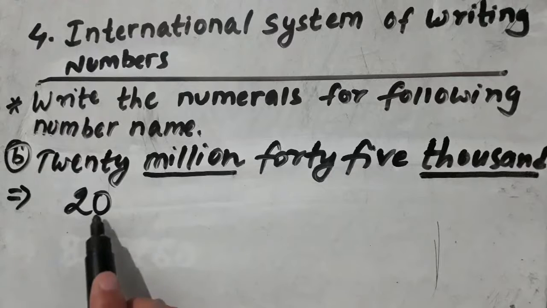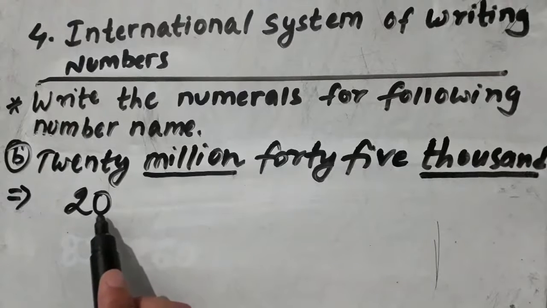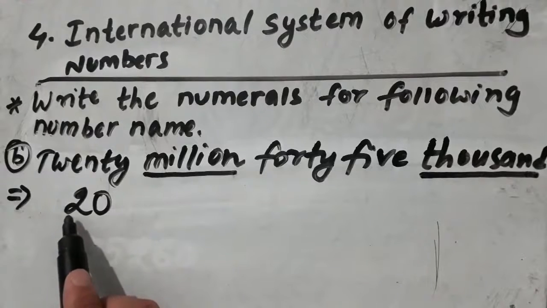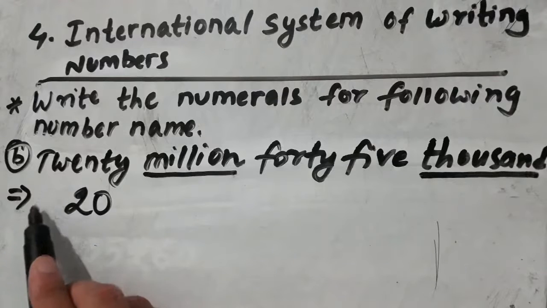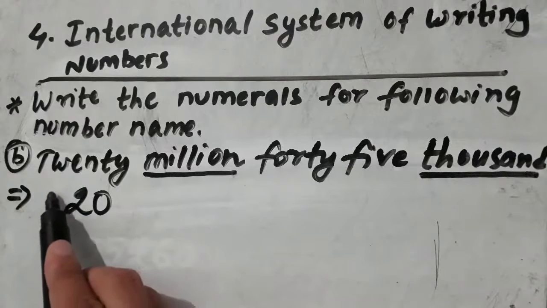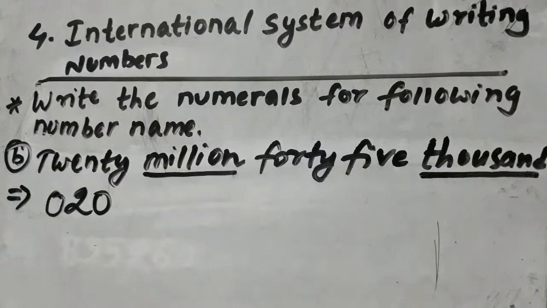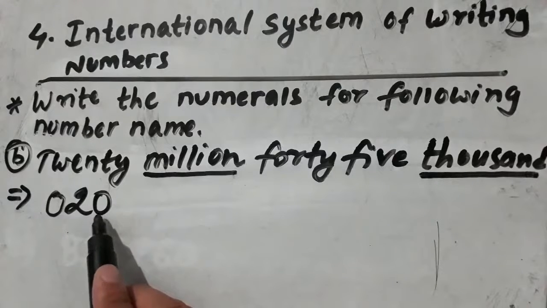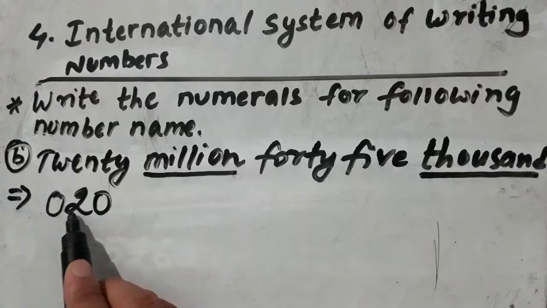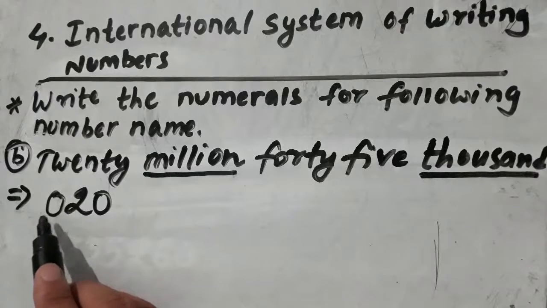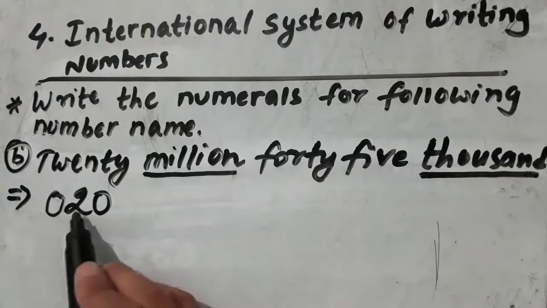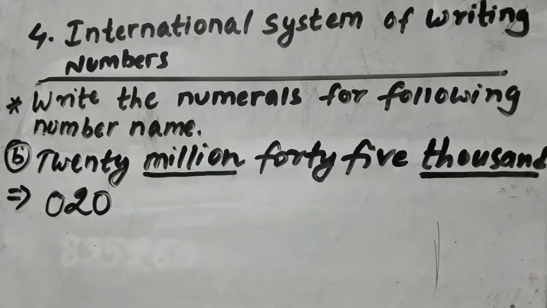This is the place of million, this is 10 million. Now there is no 100 million. It means we can just replace it with 0, but it is not compulsory. Here I have kept 0. So to make 3 places I have replaced it with 0.